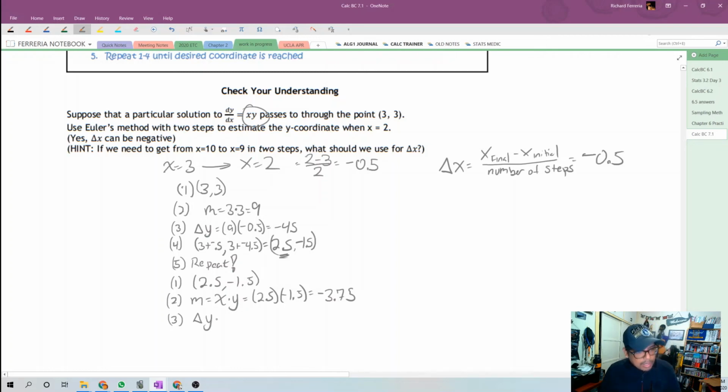Delta y is equal to m multiplied by delta x. M, we just found out, was negative 3.75. Delta x is negative 0.5. And when you multiply those together, you've got 1.875.